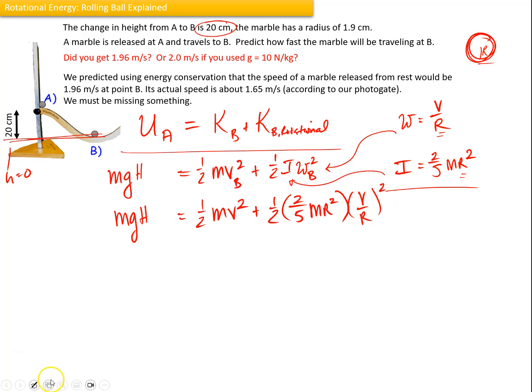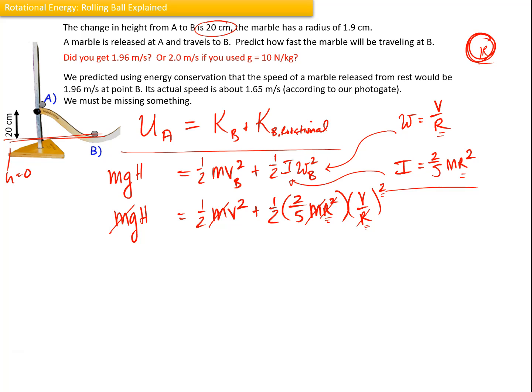Now at this point, you're going to notice something really nice happen. All the terms have a mass, so the mass is going to cancel out. This r squared here is going to be canceled by the r squared down here, so those cancel each other out.